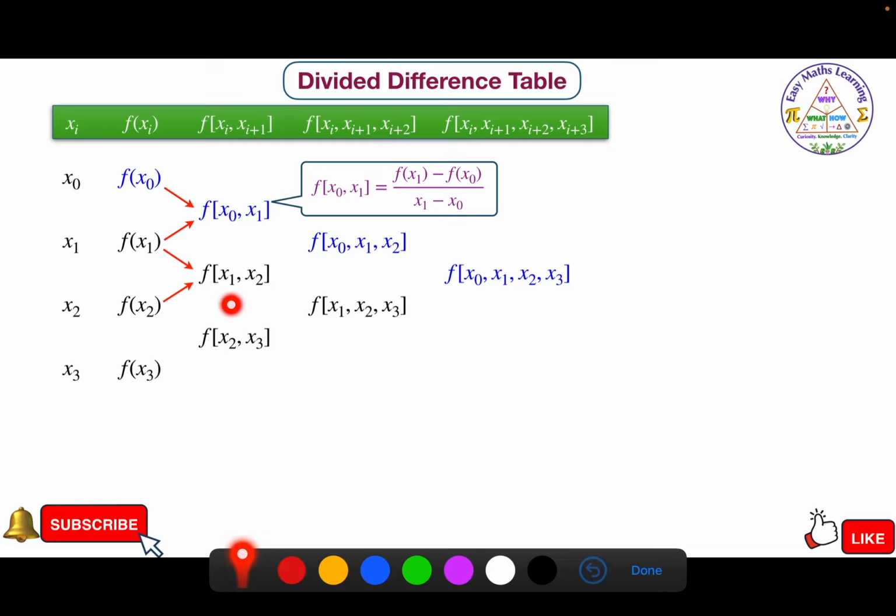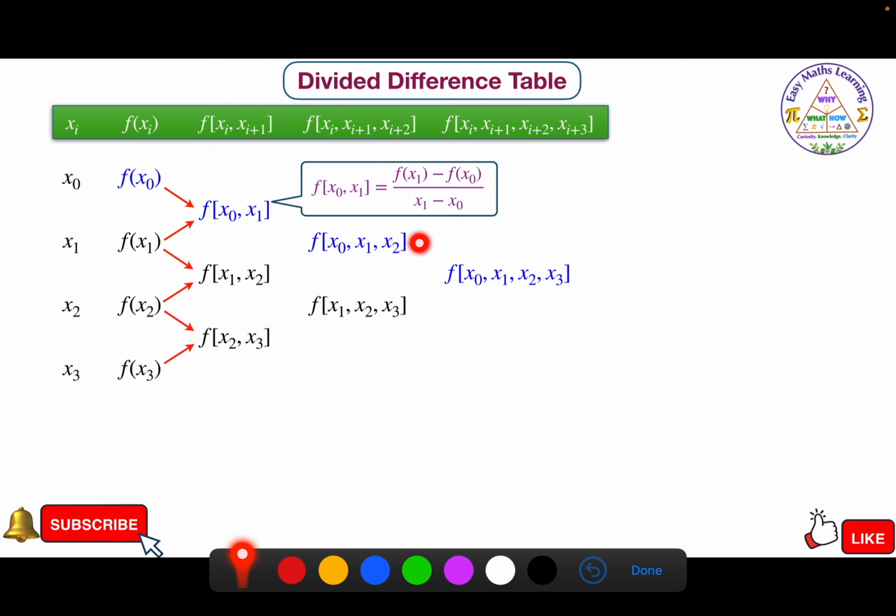The next first order divided difference we calculate as f of x2 minus f of x1 divided by x2 minus x1. Similarly, f of x2, x3 we calculate as f of x3 minus f of x2 divided by x3 minus x2.